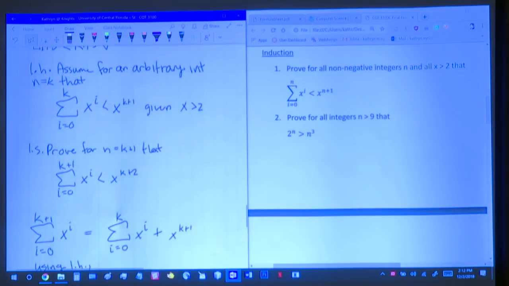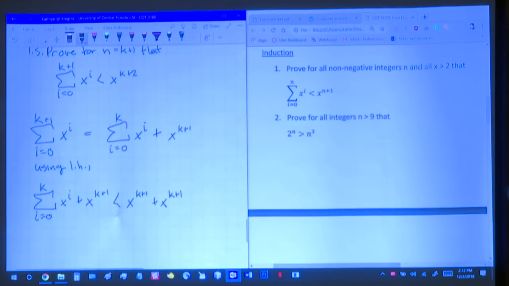And that is because in our hypothesis, this summation is smaller than the right side. So when we made this replacement, we got bigger. So that's why this is all still less than that.